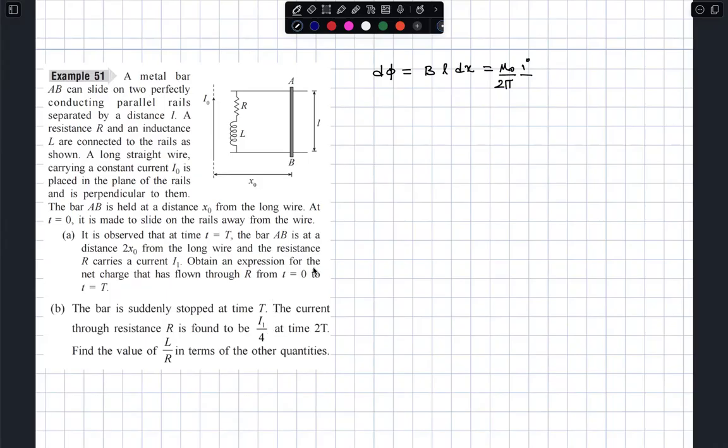First of all, what is it that they are asking? Hold on. They haven't given any distance here, and they haven't given any distance here. So they are not asking for any flux. Let me just focus. What I can do is d phi by dt.